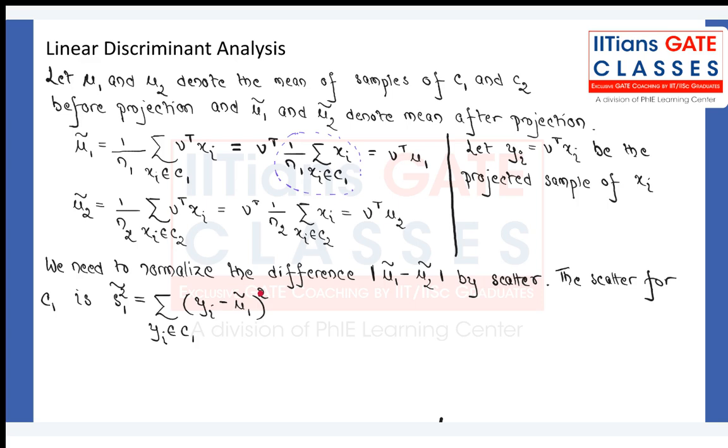But no. So that's class C1, and for C2, S2 square tilde is equal to all the samples that belong to class C2, yi minus mu2 tilde whole square. Okay, this is the scatter.